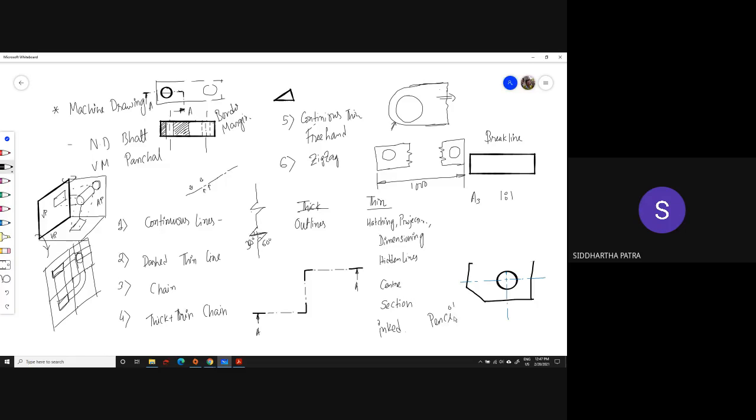We would of course draw using pencils, okay, but this is the thickness that I am suggesting: for thin line you can go with 0.25 millimeter. For thick line you can go with 0.5 millimeter, okay.